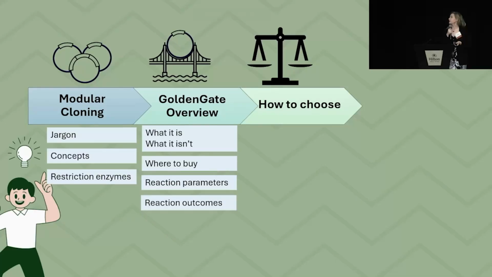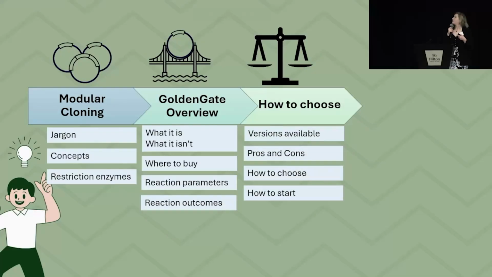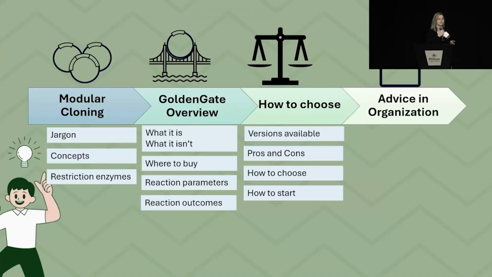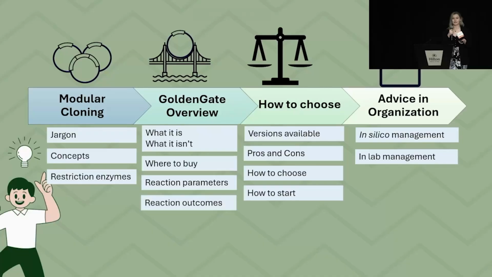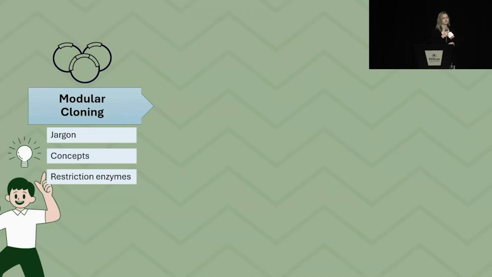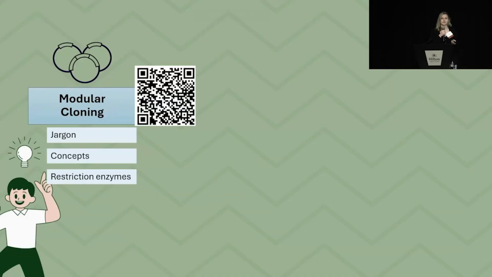I'm also going to go into how to choose a Golden Gate platform, the versions available, the pros and cons, and lastly, some advice in organization that hopefully will help you not just in the computer, but also in the lab and communicate from an individual to the whole lab. So let's start with the modular cloning concepts and jargon.